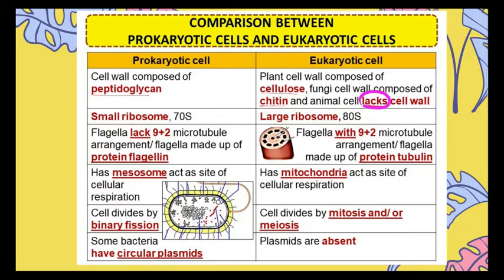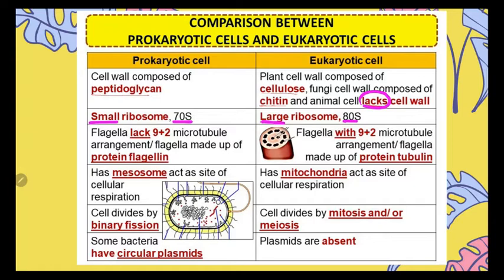Okay, next about the ribosome. For prokaryotic cell, even though it has ribosome, it has a small size ribosome, about 70S. The unit is 70S, while for eukaryotic cell have large ribosome and the unit is 80S. Okay, in terms of the flagella, both of course have flagella, but it has difference in terms of its arrangement and its composition.